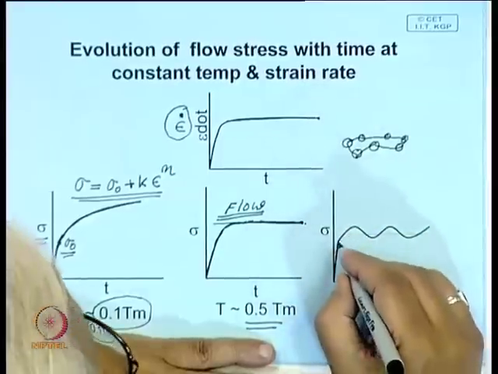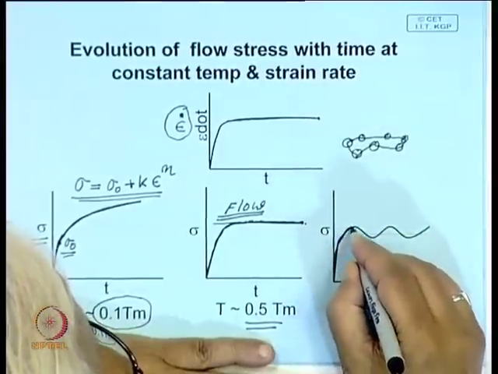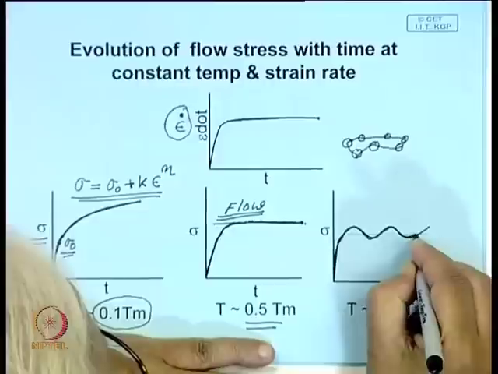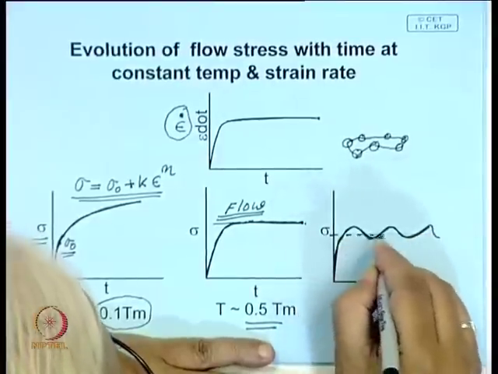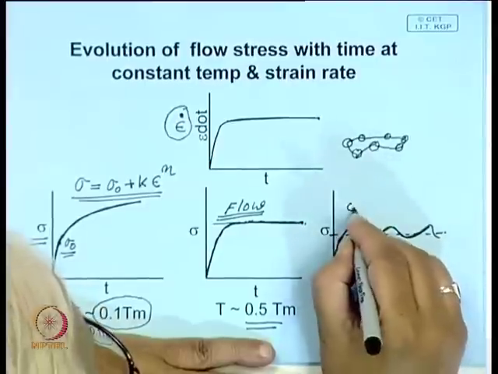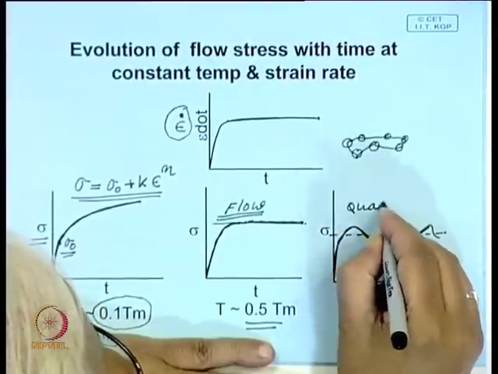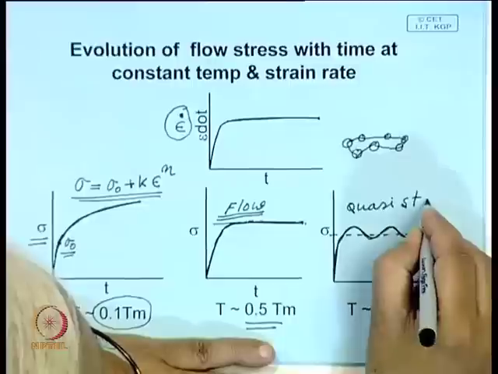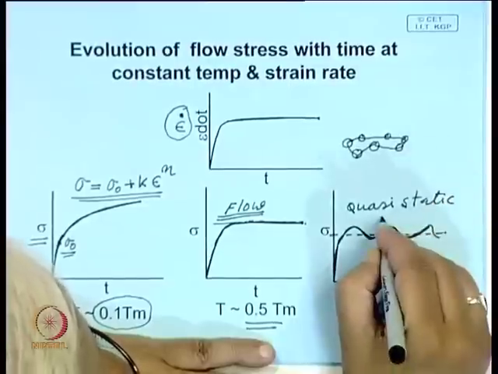So, suddenly you get this kind of oscillating behavior, where the flow stress keeps oscillating, and this is the average quasi static flow stress.